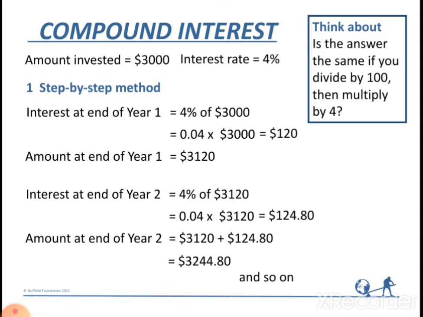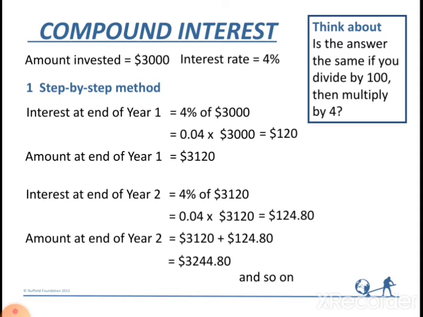3,120. After the second year, the amount will be increased because of the interest. So the amount will be 3,120 and again we have to apply the 4%. If we calculate this, the answer will be $124.80.